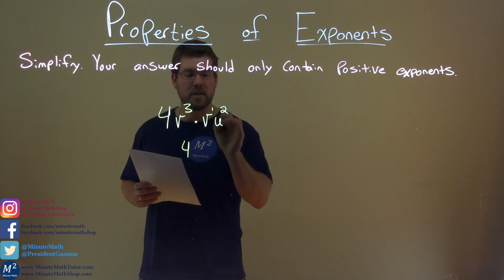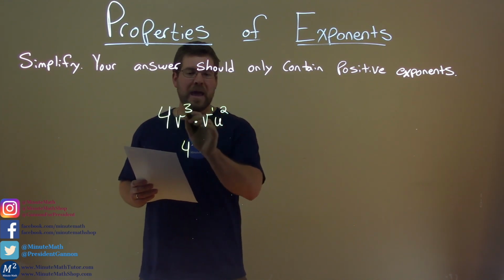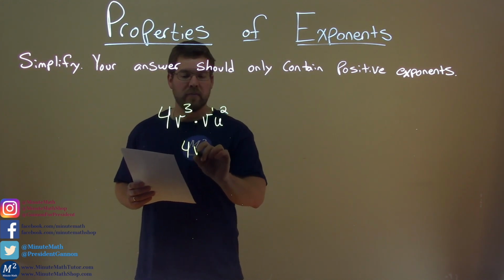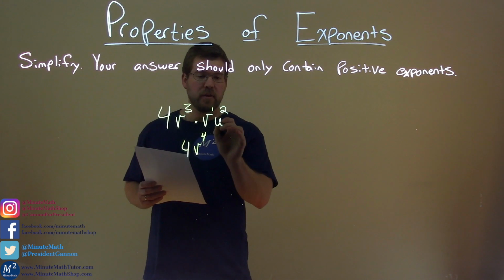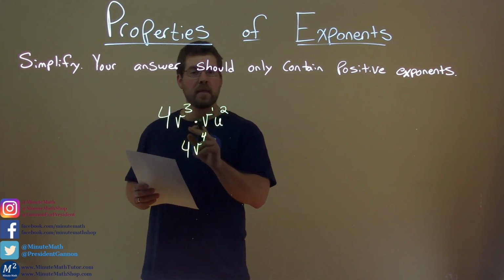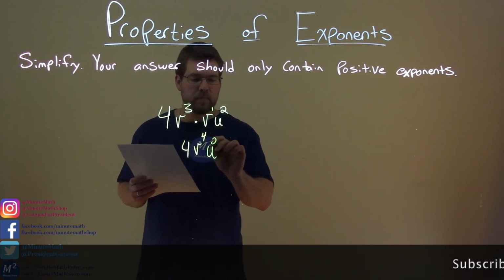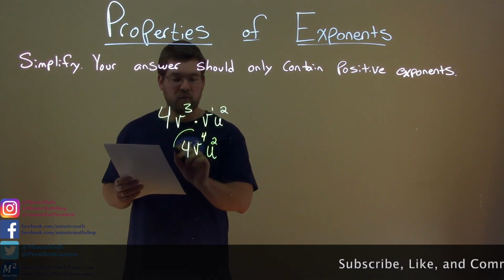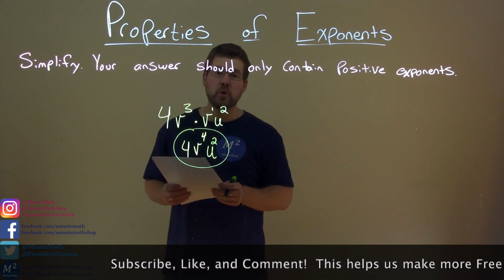Remember, that's imaginary right there, or we don't really write it, but there's a first power there. We add the exponents. So we have v to the 3 plus 1, which is 4. Lastly, we have the u squared right here on the right. There's no other u squared on the left. So we just bring down the u squared, and we're done. Our final answer here is 4v to the fourth power times u squared.